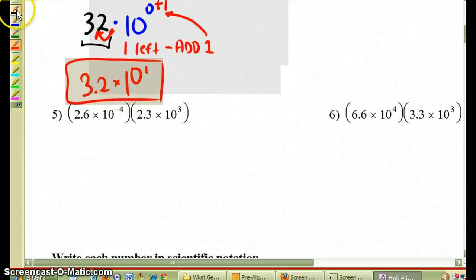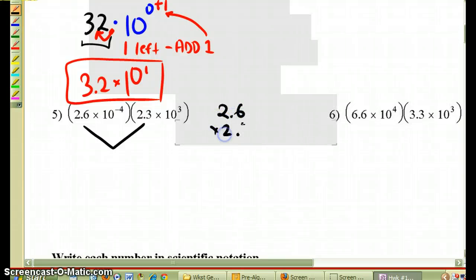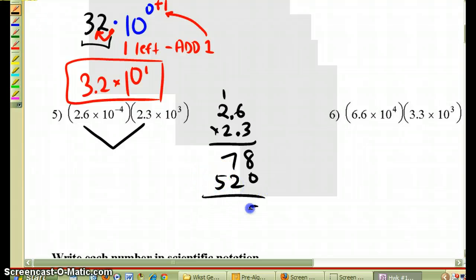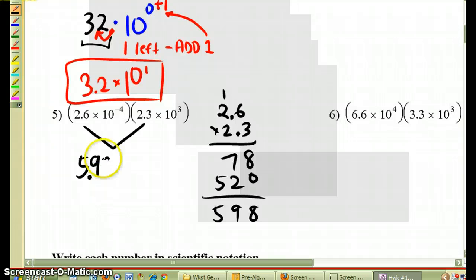Okay, number 5. I'm going to multiply 2.6 times 2.3. Remember, when I multiply decimals, I don't actually need to line them up. I can just place the one with more integers on the top. 7, 0, 12, 5. Okay, and then I get 5.98.